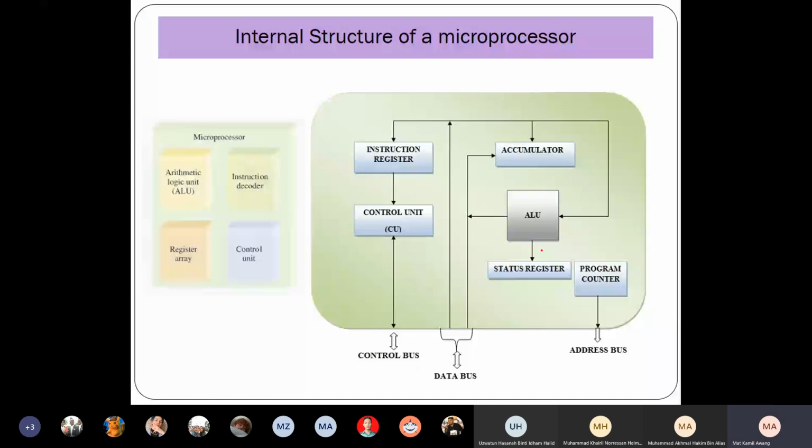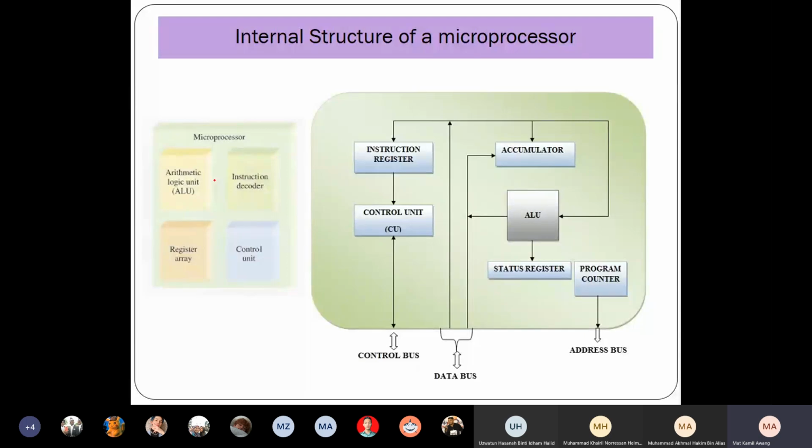This is the internal structure of a microprocessor. In the microprocessor, you have the ALU, arithmetic logic unit. You have the instruction decoder. Normally, we write programs in a high-level language, for example, in Visual Basic, Java, C++ or C#.